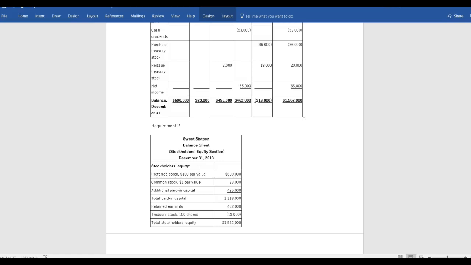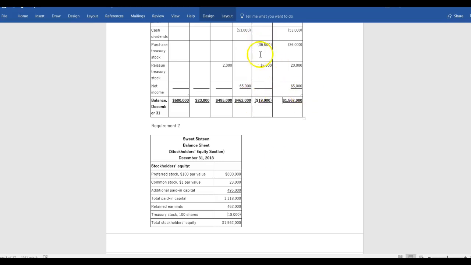So one question might be on the balance sheet: what is the balance of retained earnings on December 31st, 2018? You would need to go through this process in order to know that retained earnings is $462,000. Or it may say, what is the balance of treasury stock at the end of the year?